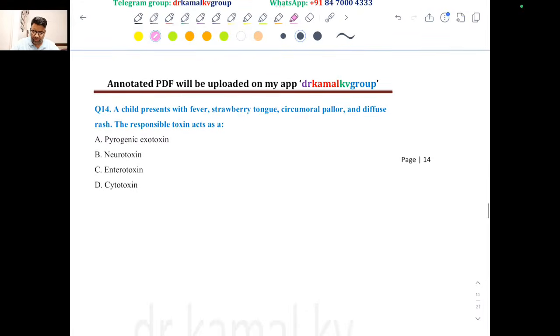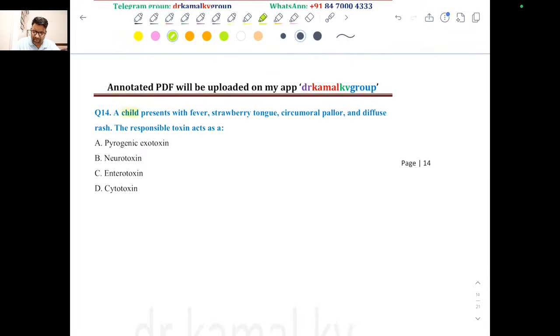Now next question, a child presents with fever, strawberry tongue, circumoral pallor, and diffuse rash. So firstly you have to identify the condition.